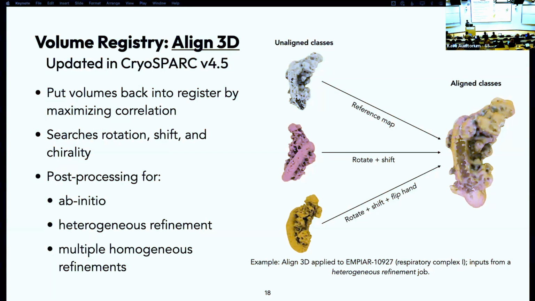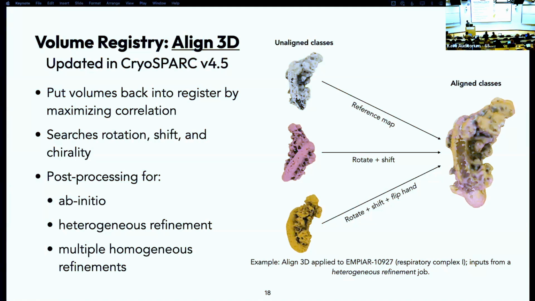Here's an example of the outputs from a heterogeneous refinement. This is a respiratory complex 1 data set, EMPIAR entry 10927, and this was actually solved by one of our application scientists, Hannah. In this case, ab initio was run, and it produced three coherent classes as well as two junk classes, which are not shown here. However, the three coherent classes ended up resembling each other very strongly. They were basically just out of register.